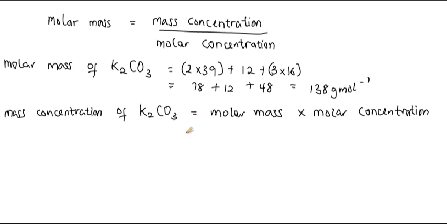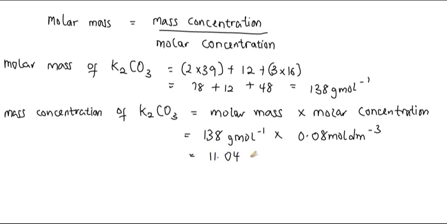From our calculation, the molar mass of K2CO3 is 138, so we have 138 grams per mole multiplied by the molar concentration, which is 0.08 mole per dm cube. And this gives 11.04 with the unit gram per dm cube. So now we've just gotten the mass concentration of potassium carbonate.